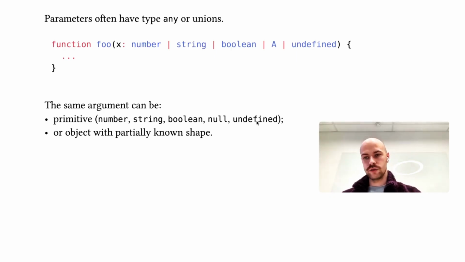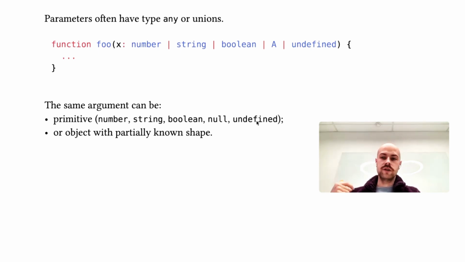And the main issue for these languages is they are dynamically typed. So, for example, we can see a function foo, and it accepts argument x with unknown shape. It might be a number, string, boolean, some class A, which also has unknown shape, or even undefined.